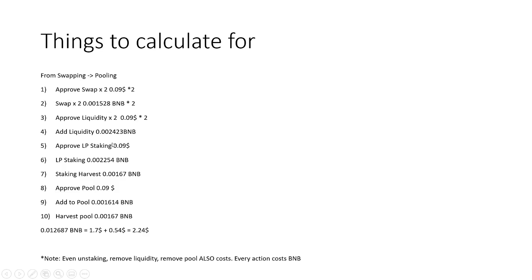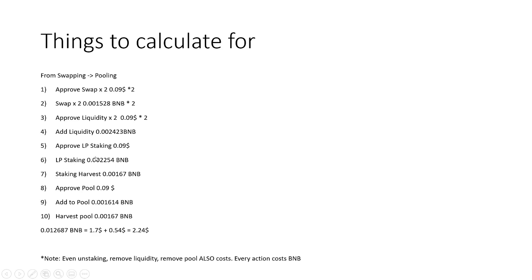So you only do the swap, the liquidity, staking, harvest, and maybe add to pool and harvest pool. So that will roughly cut out 54 cents. So you'll be paying about $1.70 a day. Let's assume you're doing it every single day. You're swapping every day. You're adding liquidity every day. You are staking every day.